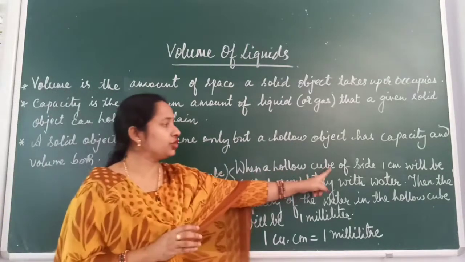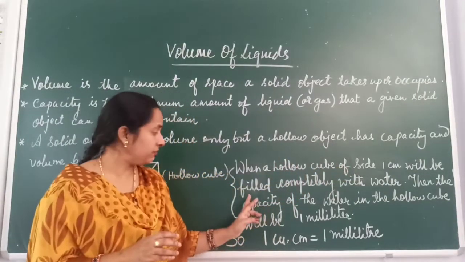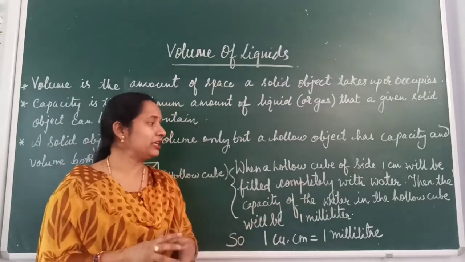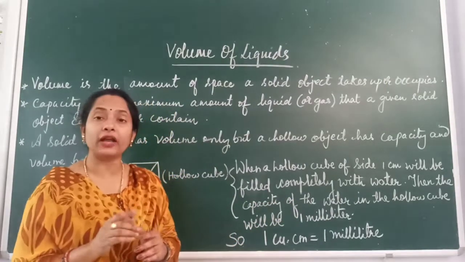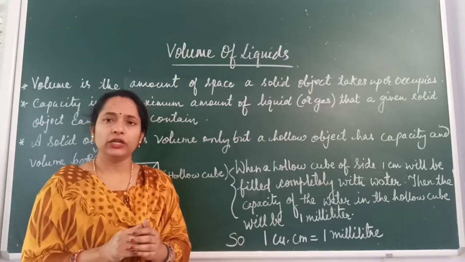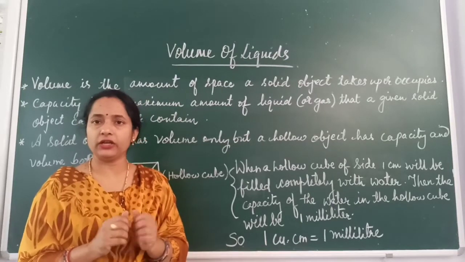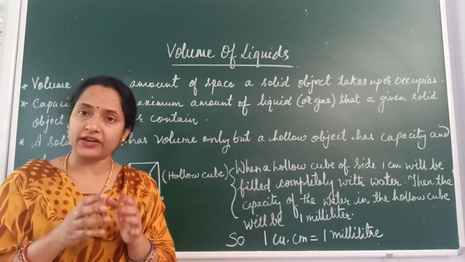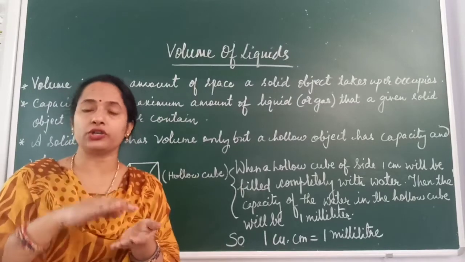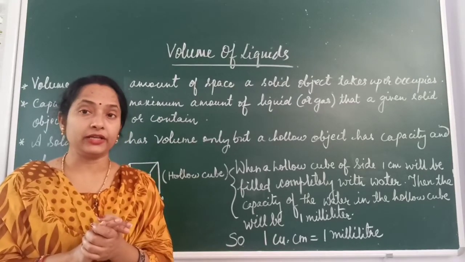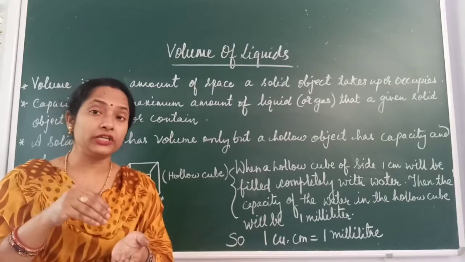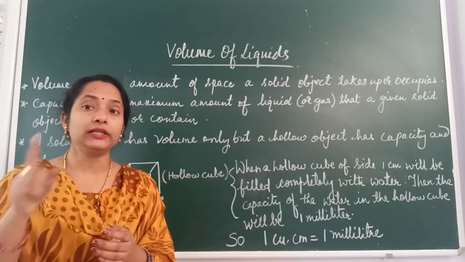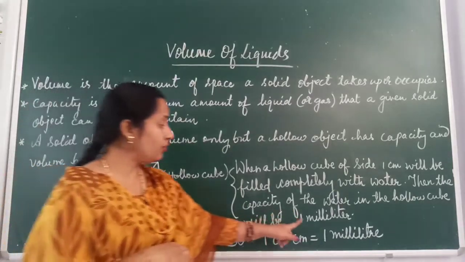So when a hollow cube of side 1 centimeter is filled completely with water, the capacity of water in the hollow cube will be 1 milliliter. If you take a hollow cube of side 1 centimeter, fill water into it completely, and measure that water, the water will be equal to 1 milliliter.